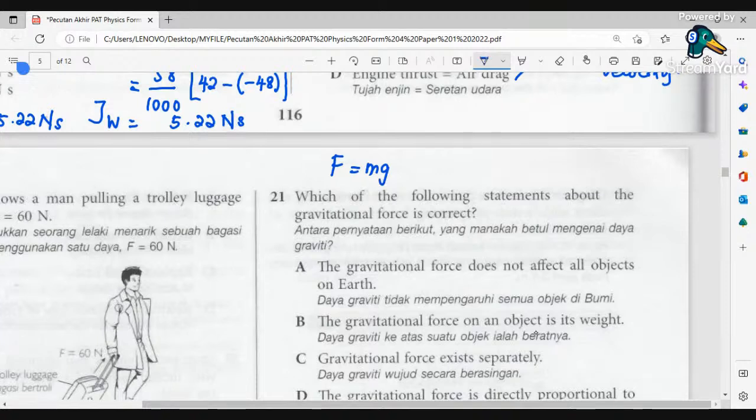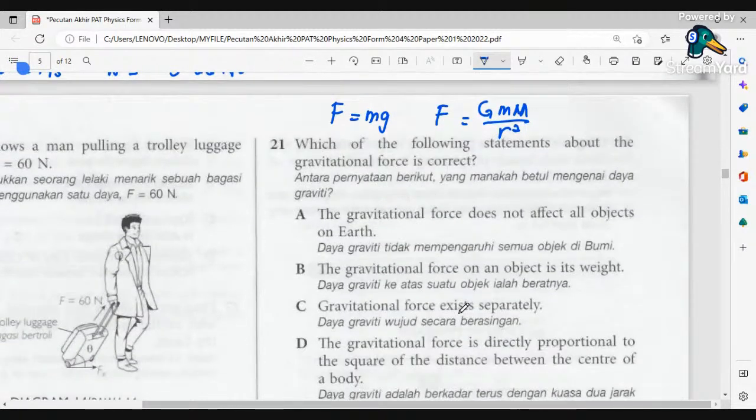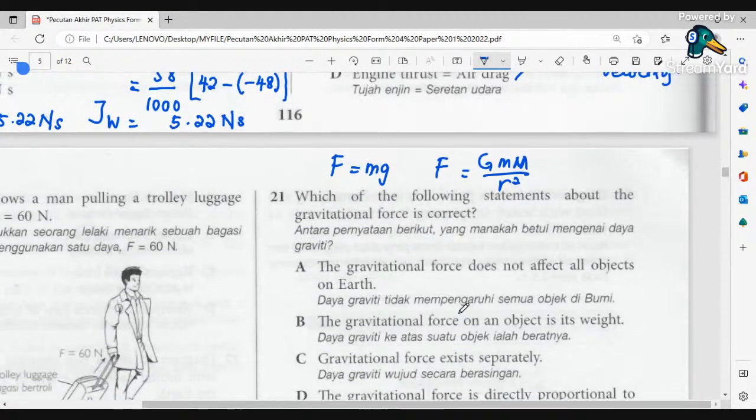And another one, F, defined by Newton's gravitational law, is G m m divided by R squared. Okay, so which one is correct? Gravitational force does not affect all objects on the Earth. Everything is affected, where does it not exist? It's wrong.